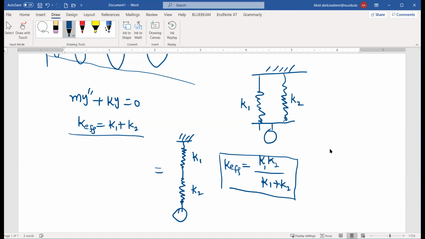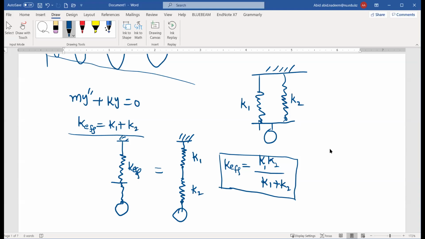If we represent it with another spring, K effective, the total displacement of K effective will be equal to the total displacement of K1 plus K2, but the force in both springs K1 and K2 and K effective will be the same. By considering these conditions, we can derive that K effective will be equal to K1 K2 over K1 plus K2. So this you can remember.